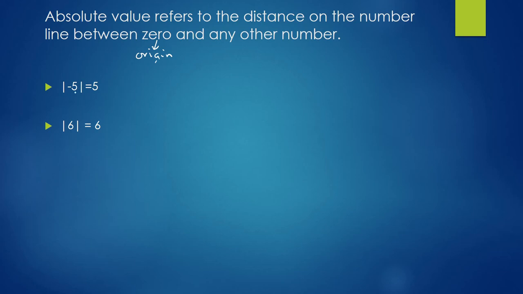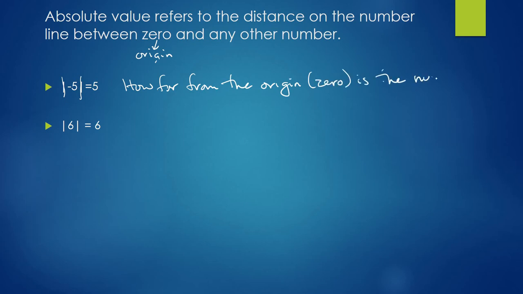So if I want the absolute value of negative 5, that means how far from the origin, or from 0, is the number negative 5.